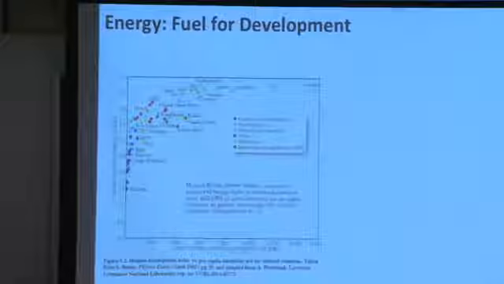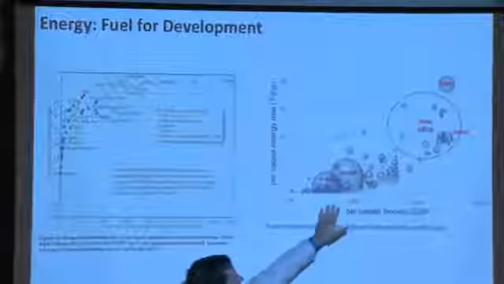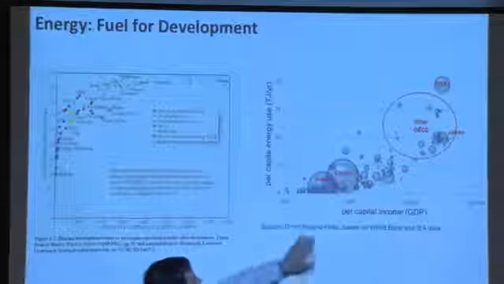So one could naturally conclude from this that energy is fueling development, and energy is also fueling per capita income as a result. This little bubble chart here, courtesy of UC Berkeley, is showing you the size of the bubble here, indicating the size of the population, and of course the position on this graph indicating the per capita energy use and per capita income.